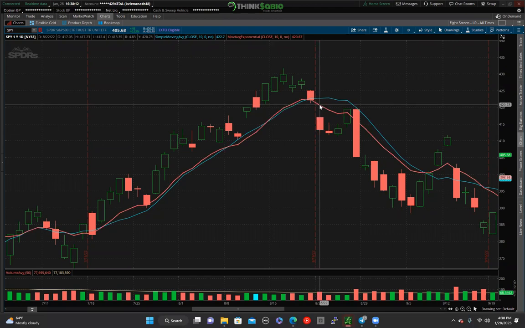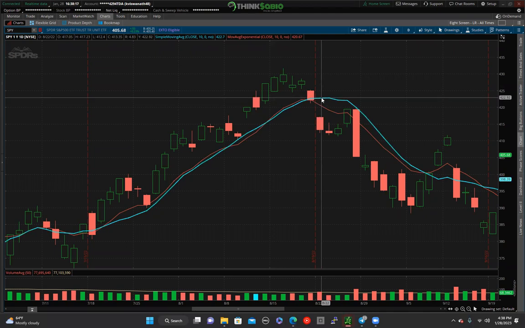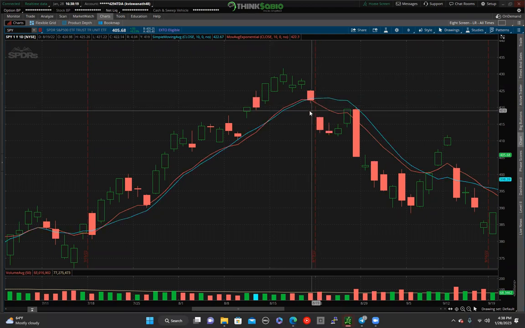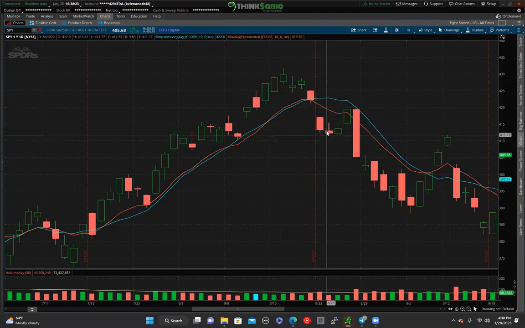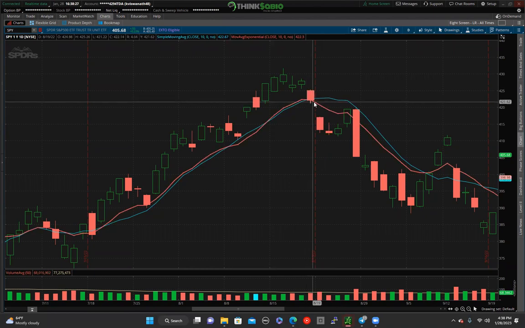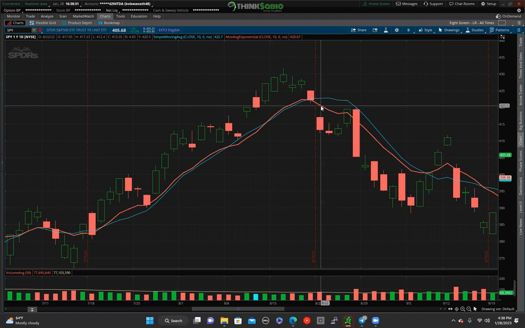Whereas the exponential moving average is 420, which is less than the simple moving average, meaning the exponential moving average gives more weight to the current price action, and the line will turn down or change its direction immediately when the price action changes. So we can stay on our toes.